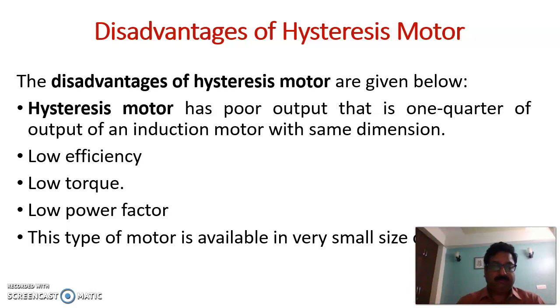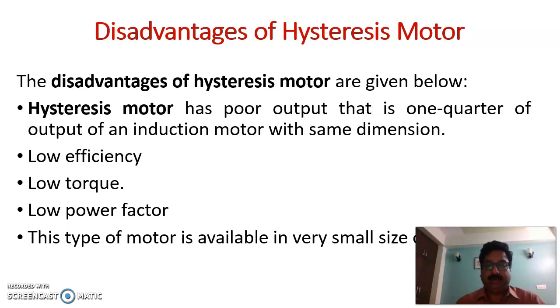Because of these disadvantages, there are certain drawbacks of this machine. Its output is low if we compare it with an induction machine of the same dimension. As for efficiency, the efficiency value is also low compared to an induction motor.